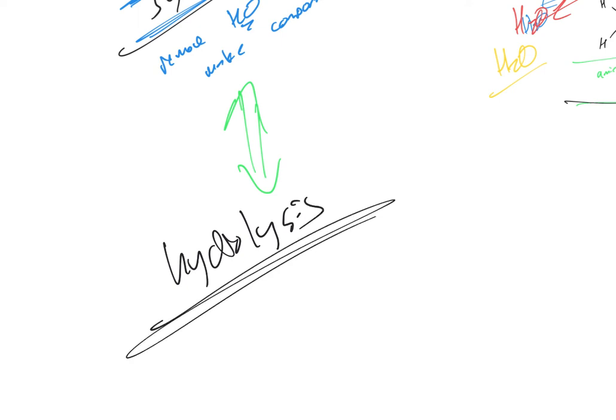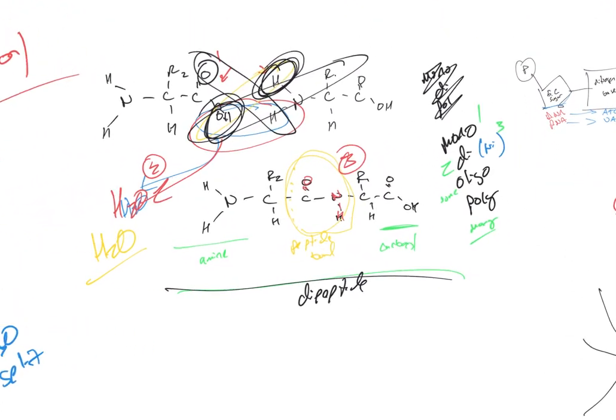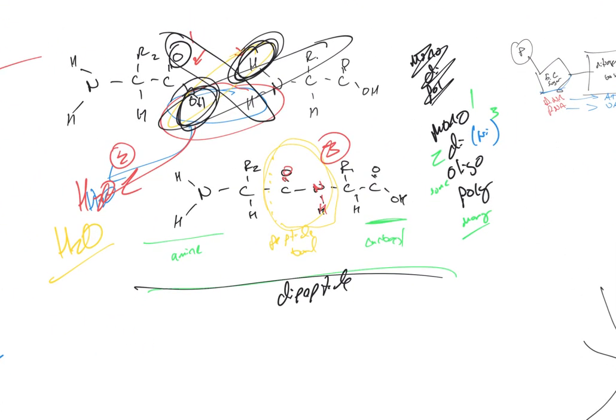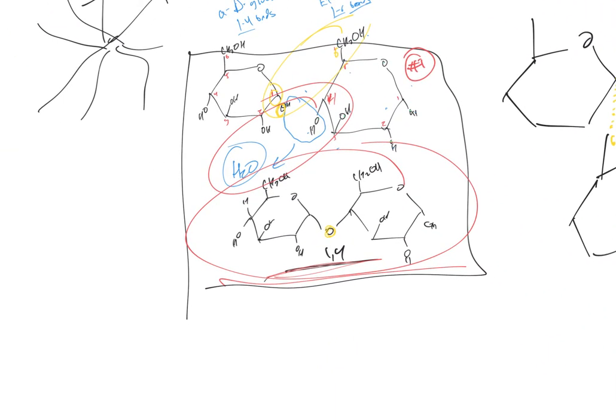So this is add H2O, split. So the synthesis of a dipeptide, this is a dipeptide synthesis. I made a dipeptide. I removed water. Dehydration synthesis. My carbohydrate. I removed water. Dehydration synthesis.